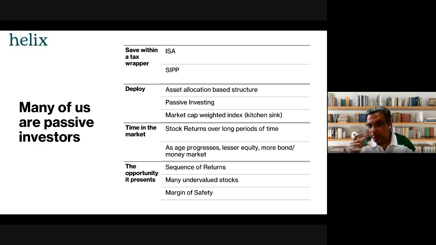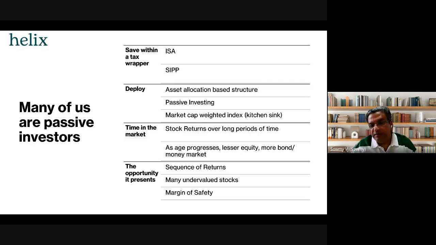And because of passive investing, there are more and more undervalued stocks that are easily available to spot. So all that we need to do is set a threshold. I call it margin of safety. Warren Buffett calls it margin of safety, based on Ben Graham's work as well.